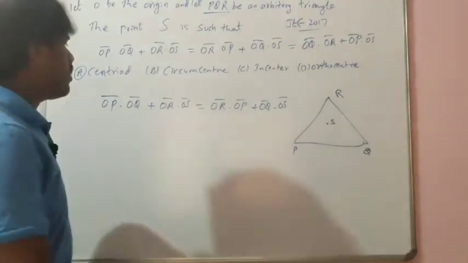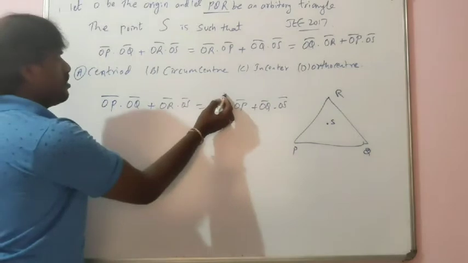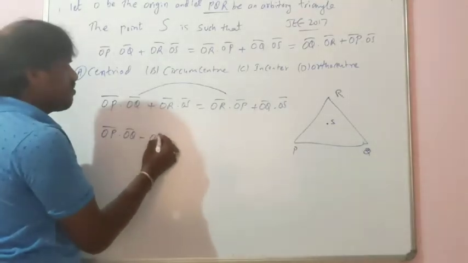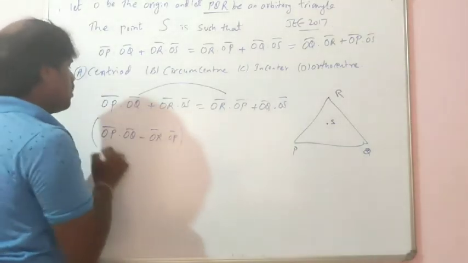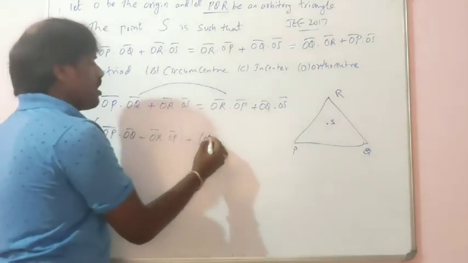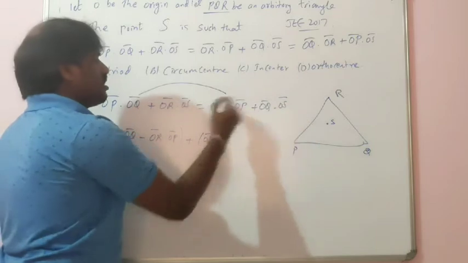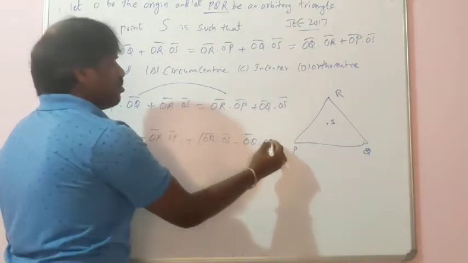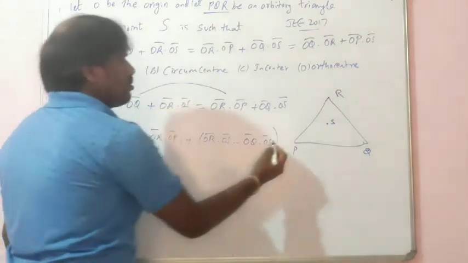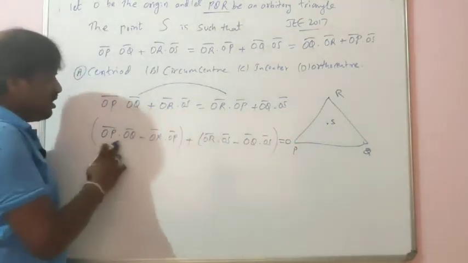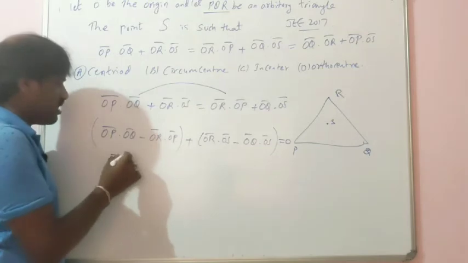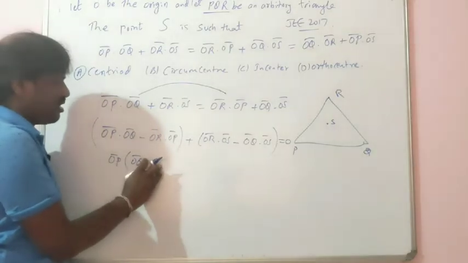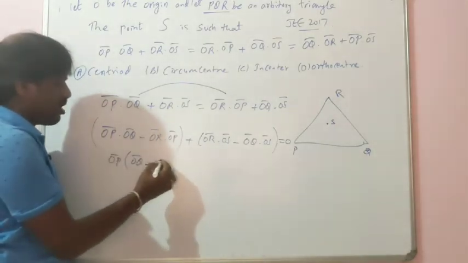Simple thing. In both of these equations, take one side across: OP vector dot OQ vector minus OR vector dot OP vector, plus OR dot OS vector, and send the other term to this side, so I get minus OQ vector dot OS vector, and this is equal to 0. In these, OP vector is common, so I get OP vector dot OQ vector minus OR vector.